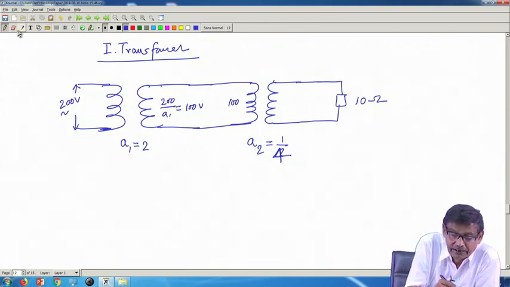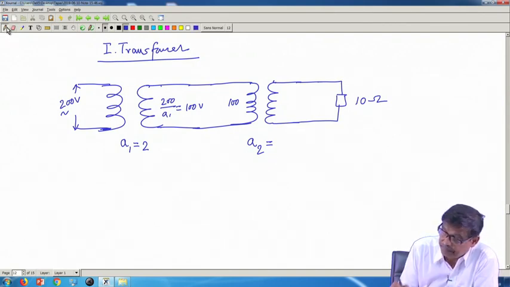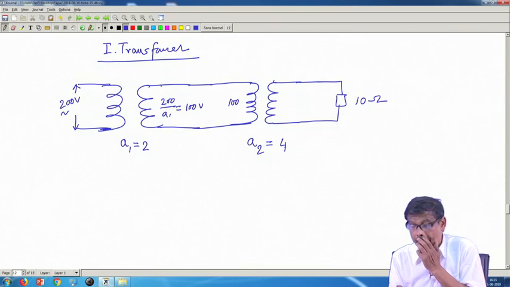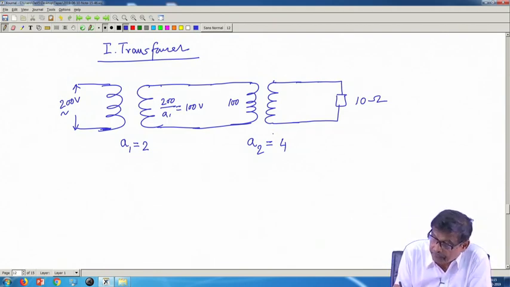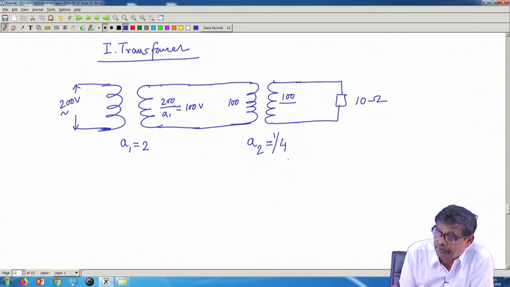This transformer has a turns ratio of 1 by 4. What will be the voltage here? It will be 100 by A2, 1 by 4. It will become 400 volt.